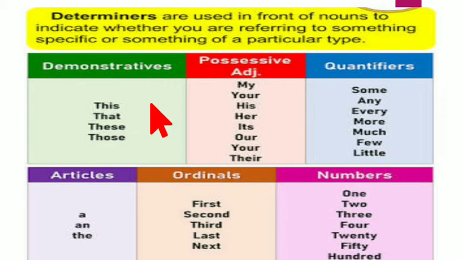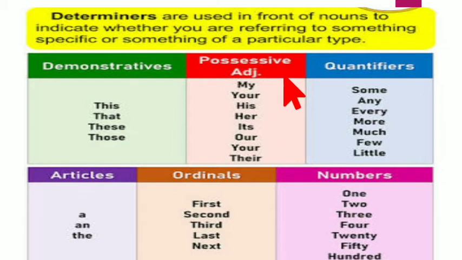That pastries are yummy, which again comes before the noun. And then my sister, my book, my pen, your book, and similarly her, its, our, your, their house is beautiful. So before a noun we use demonstratives, that is this, that, these and those.